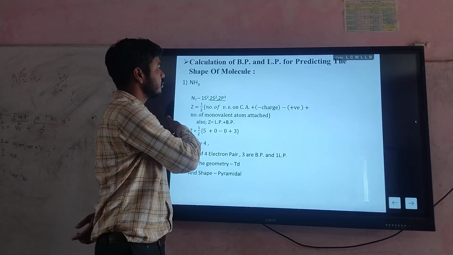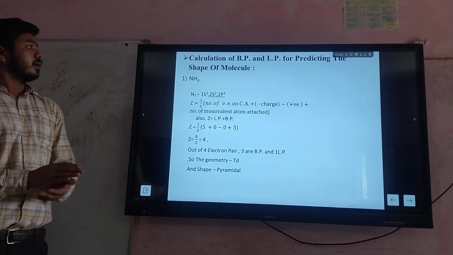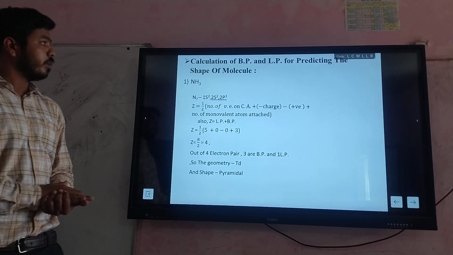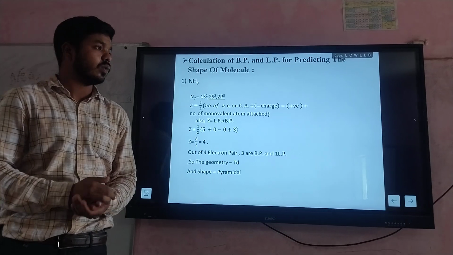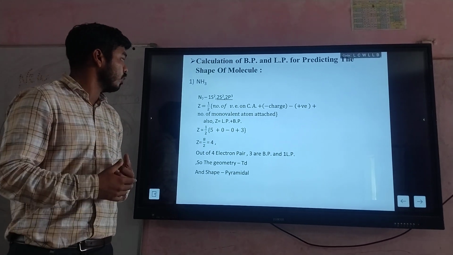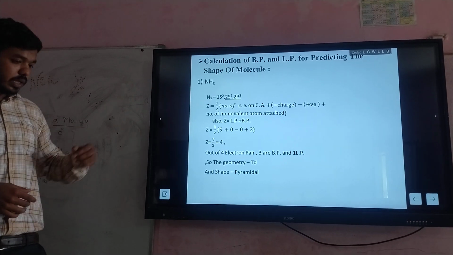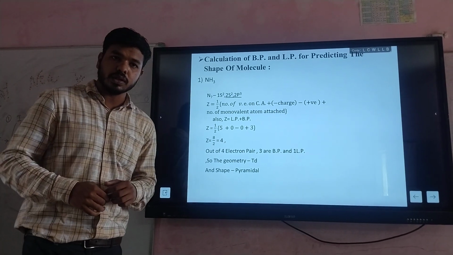Then next, this is the calculation of bond pairs and lone pairs for predicting the shape of a molecule. So for example, in the NH3 molecule, how do we calculate the bond pairs? In the NH3 molecule, the central atom is nitrogen.